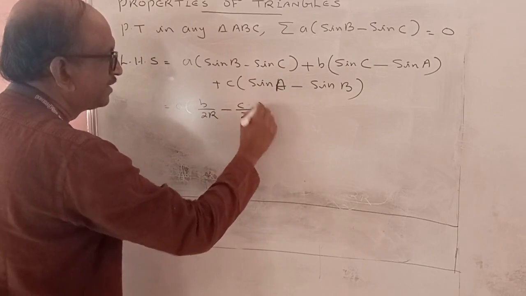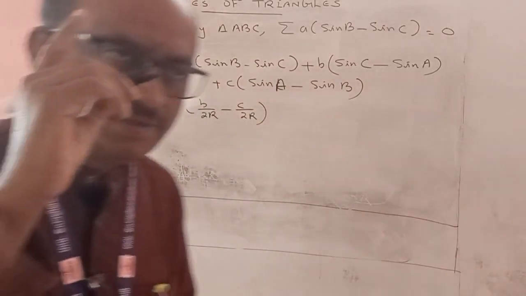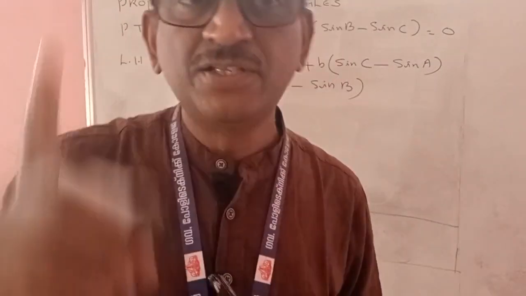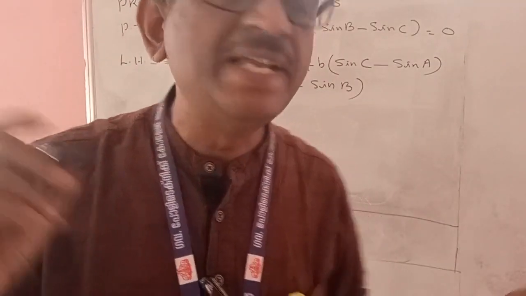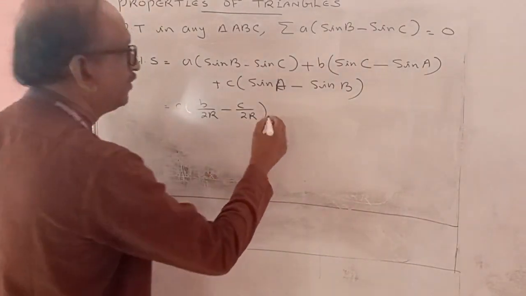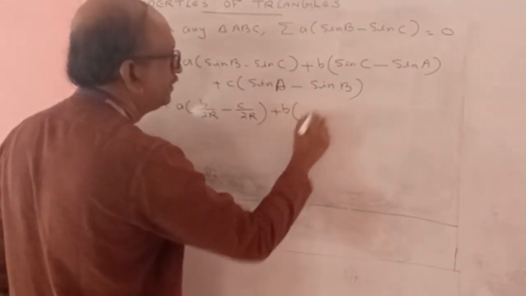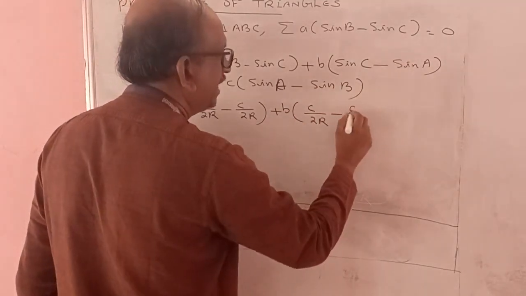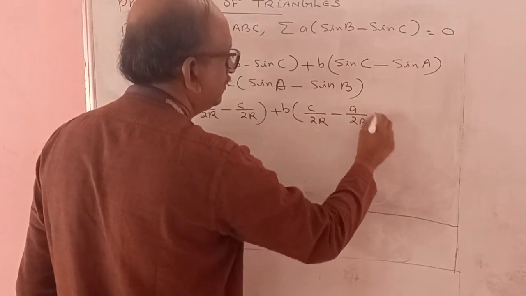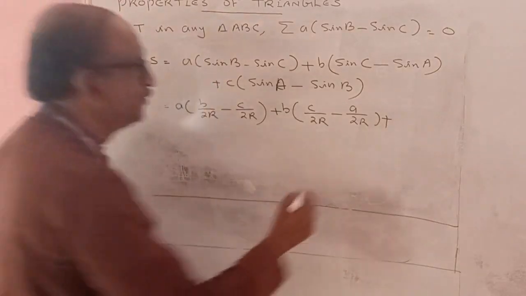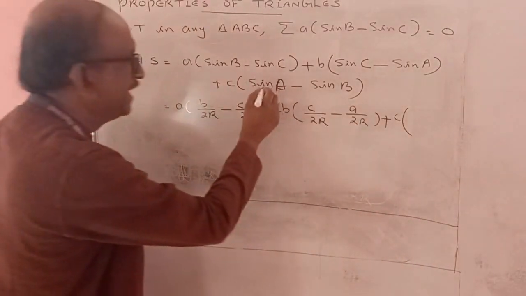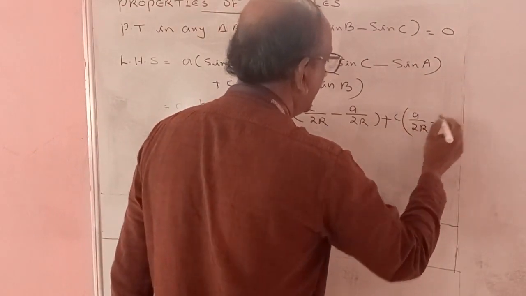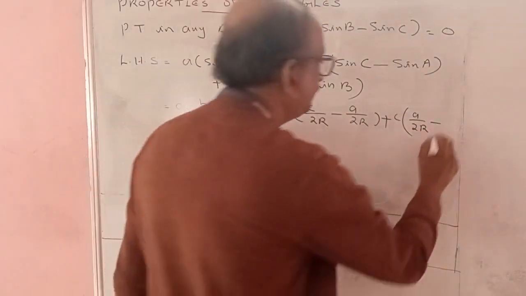You memorize that result. a by 2R is equal to sine A, b by 2R is equal to sine B, and c by 2R is equal to sine C. So the expression is a (b by 2R minus c by 2R) plus b (c by 2R minus a by 2R) plus c (a by 2R minus b by 2R).